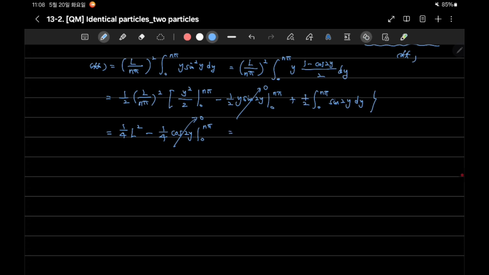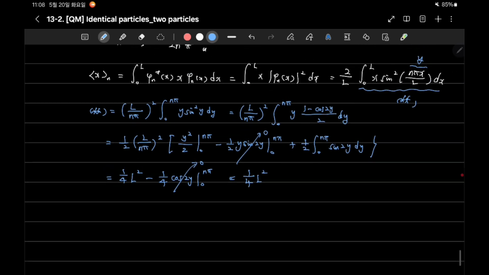So it is L squared over 4. So x for n is L over 2.